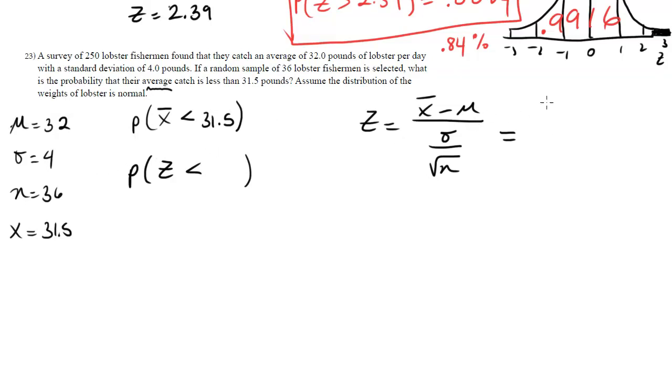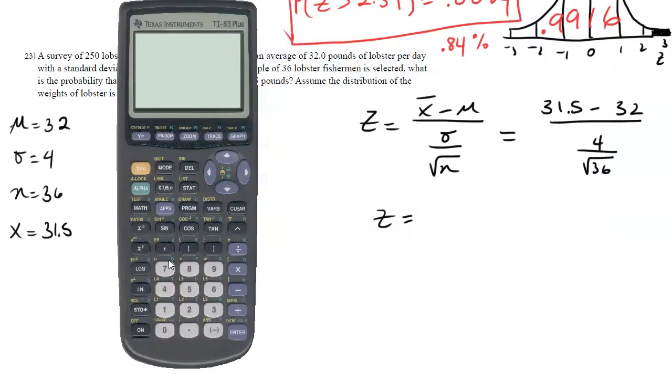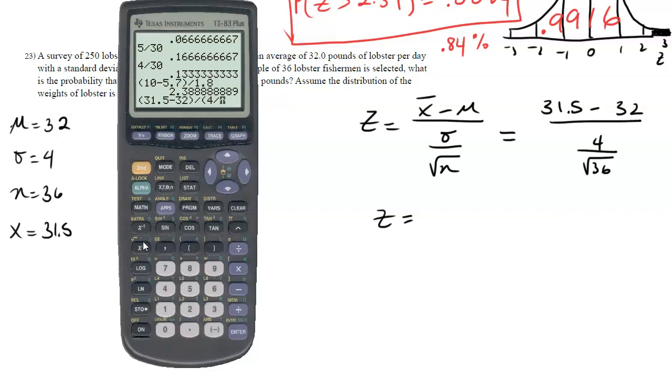Okay, so X bar is 31.5 minus population mean 32 divided by 4 over the square root of 36, which is just 6, right? But who's asking? Okay, so let's put this in. Numerator 31.5 minus 32 in parentheses divided by my denominator in parentheses, 4 divided by the square root of 36.